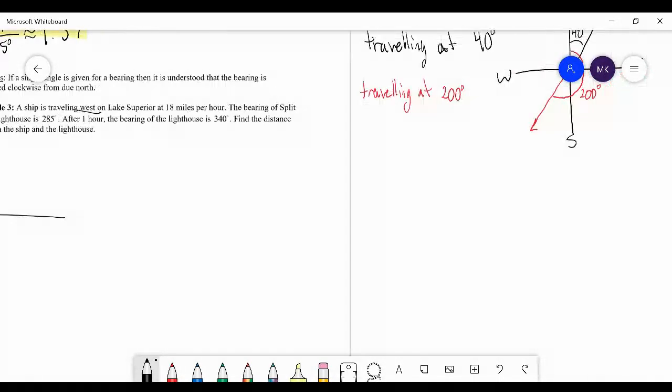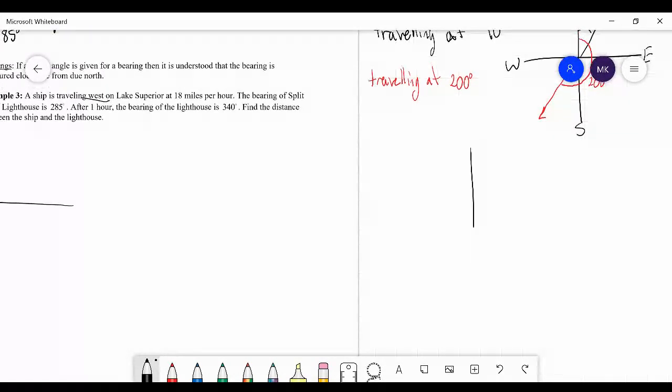So I'm just going to draw this a little over here. All the way around to directly west is 270, so 285 is going to be something like this. So that's 285. That was really good.